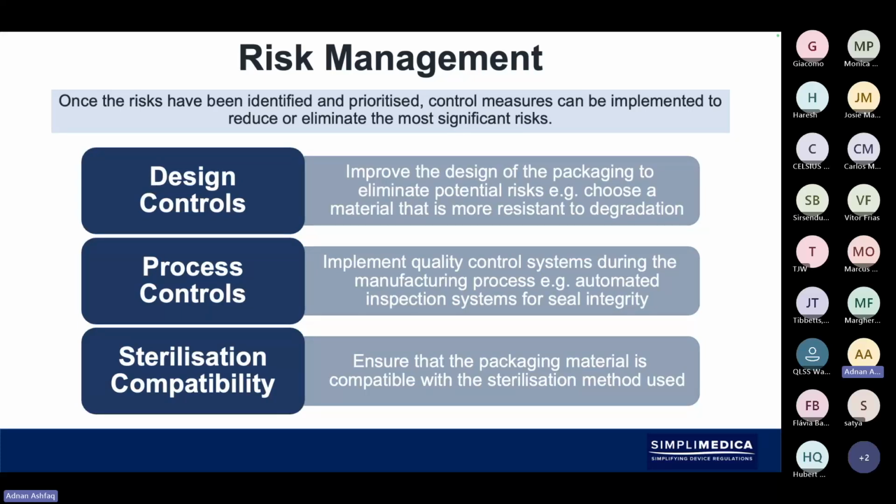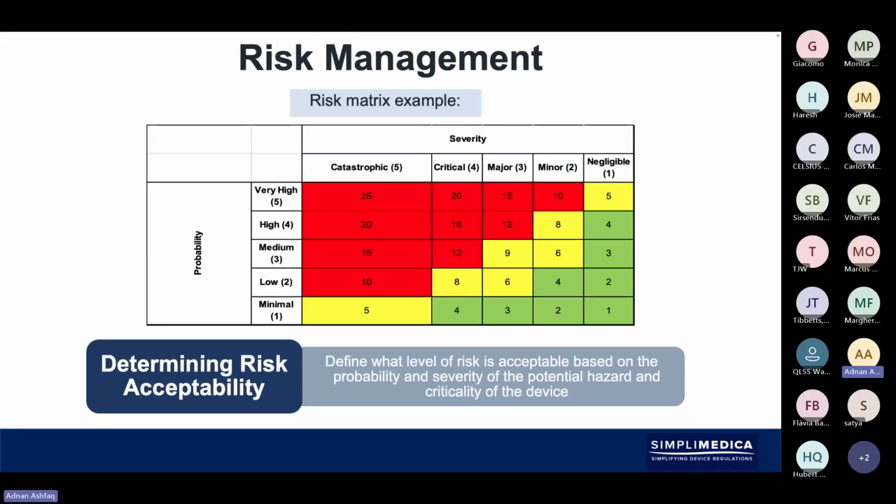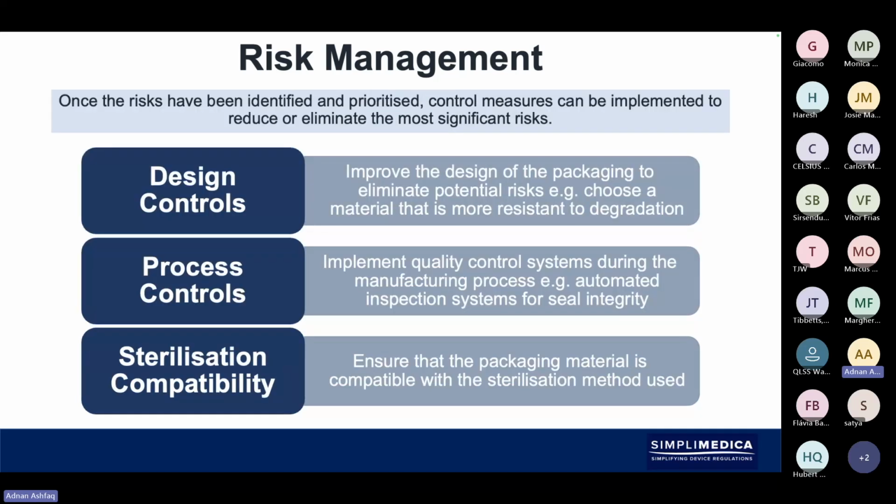So if you score something like a 25 or a 20 or any of these reds, as most people know, the objective of risk management is to get it into the greens, into an acceptable level. So you want to see if you can reduce the probability. The severity could be difficult to move, but the likelihood of that risk happening, because you've introduced the mitigation measure, would then bring this back into a control which would be acceptable.